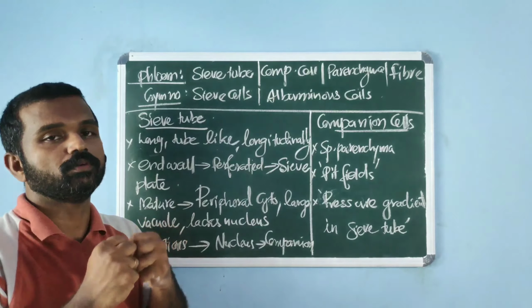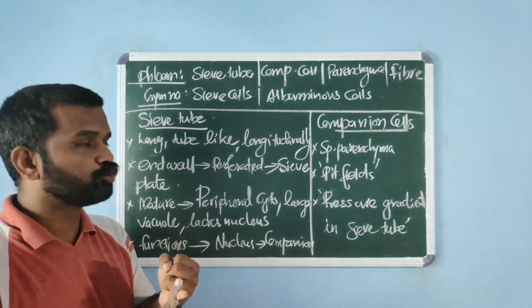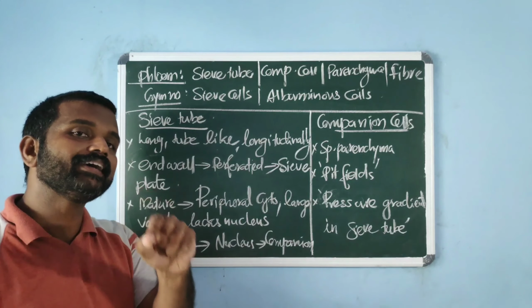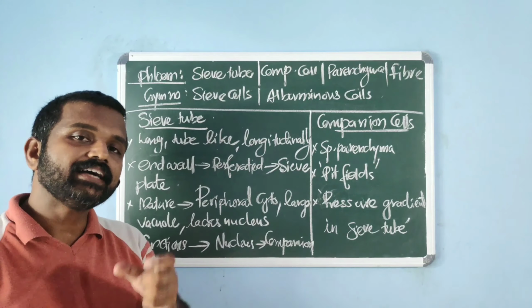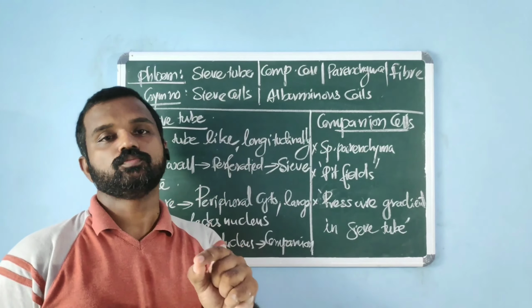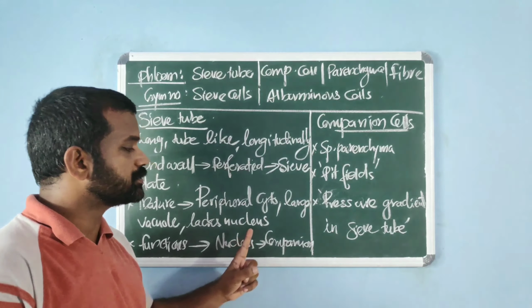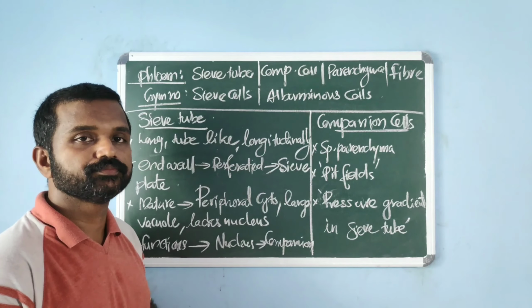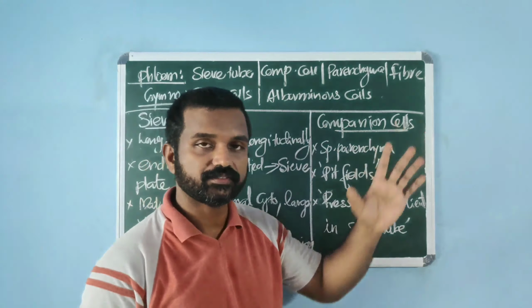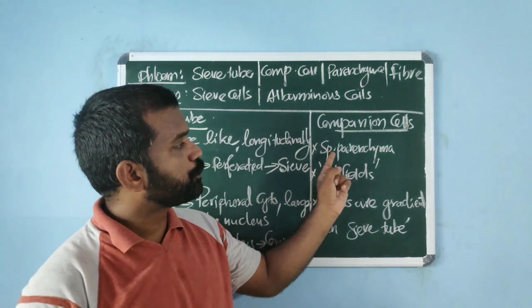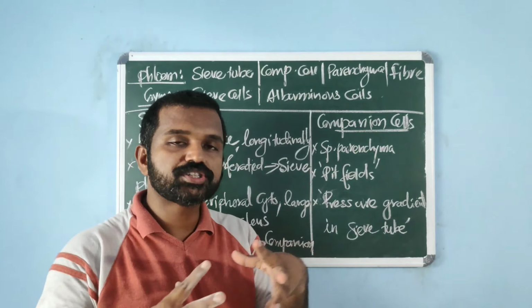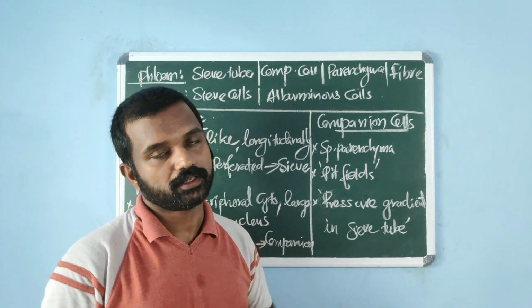A mature sieve tube has peripheral cytoplasm and a large vacuole, but it lacks a nucleus. And it is a living tissue. Its functions are controlled by the nucleus of companion cells. The next, about companion cells. Companion cells are nothing but specialized parenchyma closely associated with sieve tube.